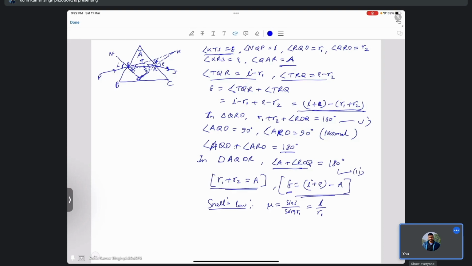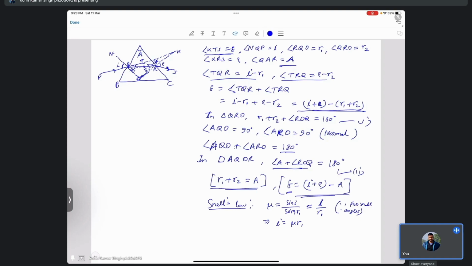Because for small angles, sine theta is almost equal to theta. Then you have i equal to mu r1.